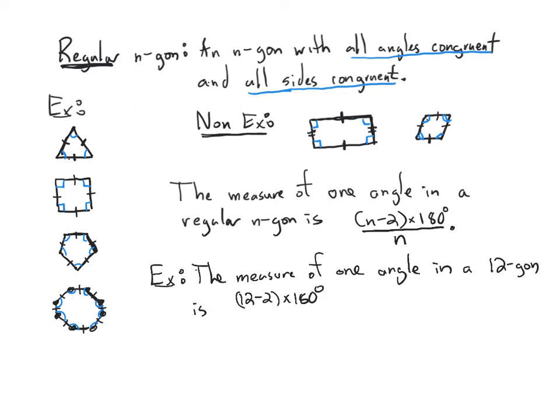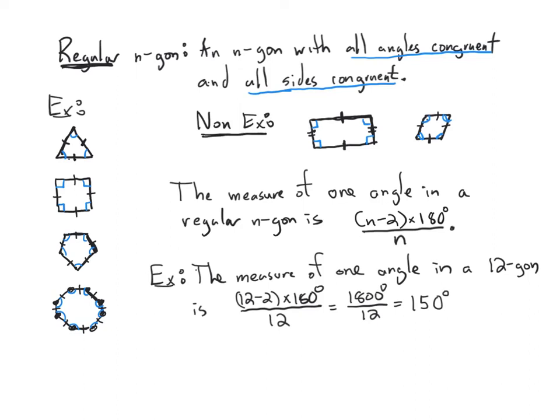We know what that is. That's 1800 divided by the number of sides. So that's 1,800 degrees divided by 12. And you can check it if you like. That is indeed 150 degrees. And in fact, you can do a little experimentation.